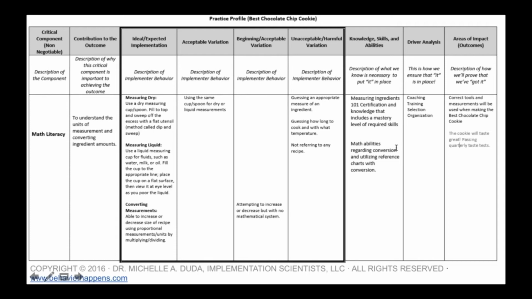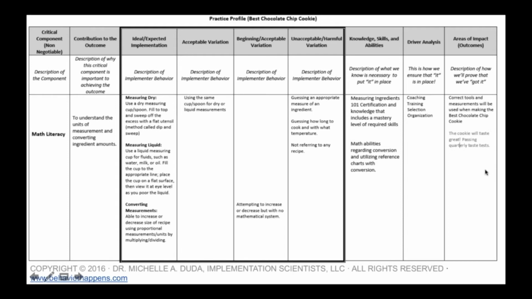So what would be harmful then is to guess, right? To guess at the amount of ingredients, not to refer to the recipe, guessing how long you would cook them and what temperature. If you've ever made cookies, you don't want to just be guessing because you're going to end up with a mess, right?